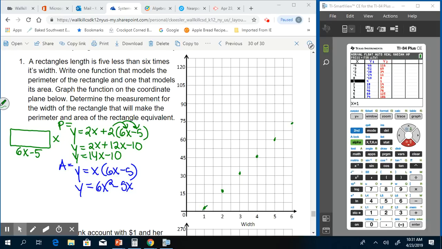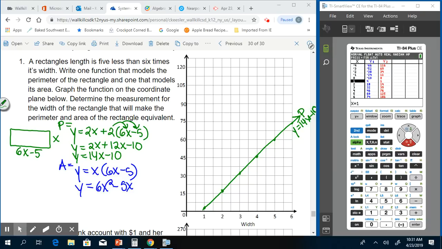Draw my line through that, arrow continuing in the greater direction, and label it with the equation y equals 14x minus 10, or perimeter. Either would work as your label.